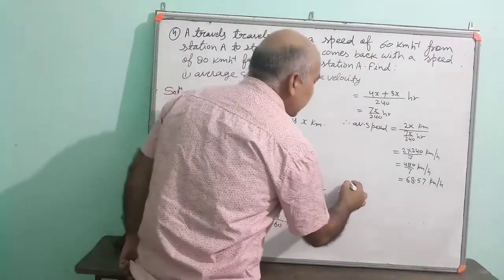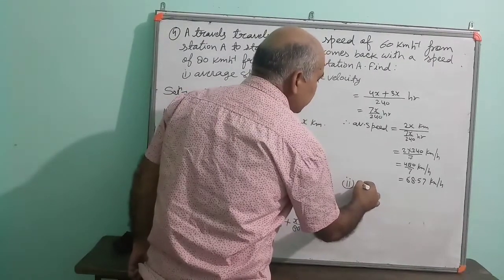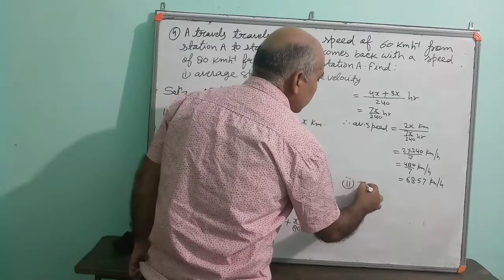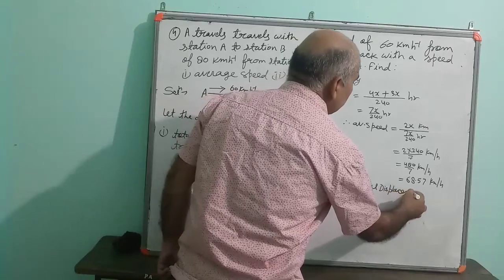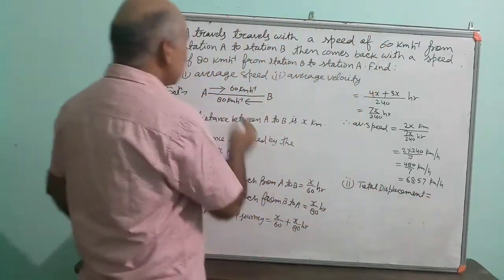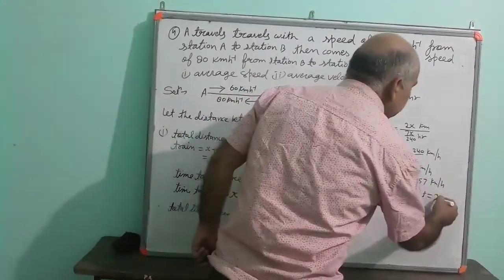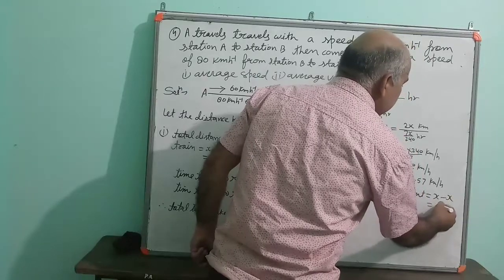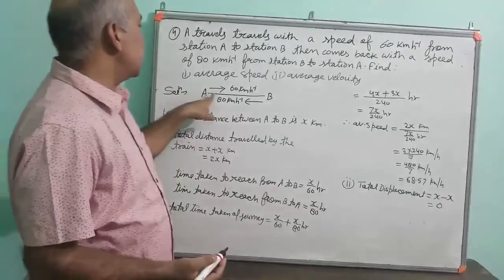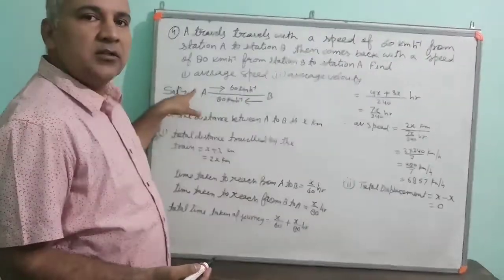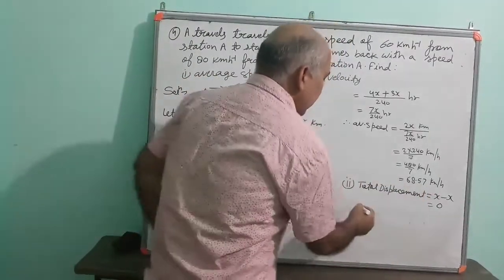Okay, now how to find the average velocity? To find the average velocity, we have to find the displacement. Since the train is going from A to B and then coming from B to A, so net displacement will be x minus x, that means 0. Right here displacement is 0 because the train is going from A to B and then coming from B to A. Initial and final position both are same, so displacement is 0.